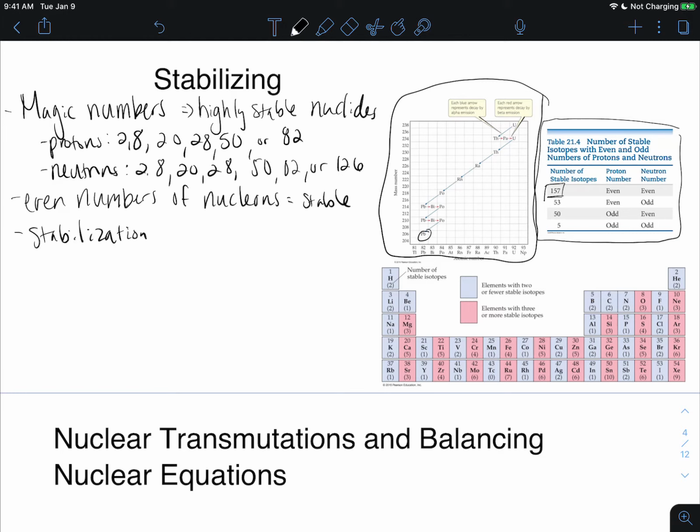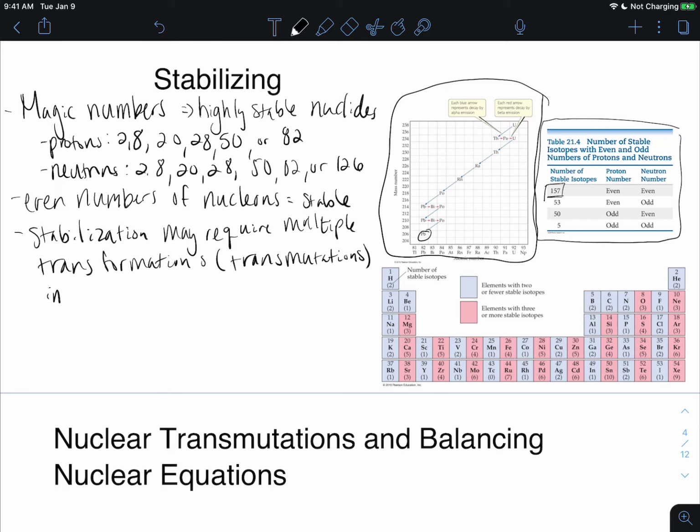So stabilization may require multiple transformations or transmutations in order to become stable, or in order for a nucleus to become stable.